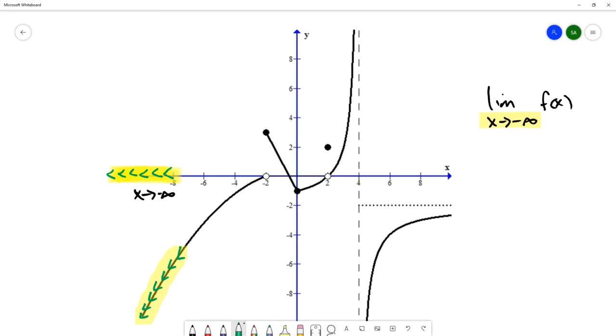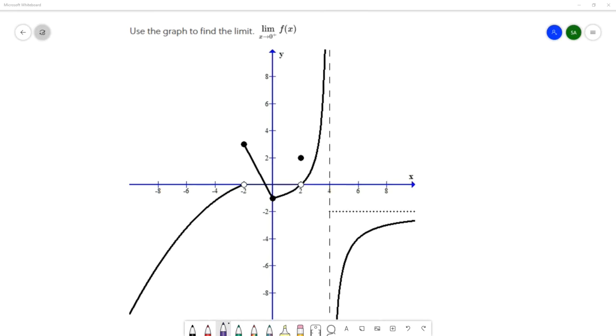And think about what's happening to the y value here. What's happening to the y value is it's going to continue to go down and down and down and down. And so that means that our y is approaching -infinity. So we have the limit as x approaches -infinity of our function being -infinity.